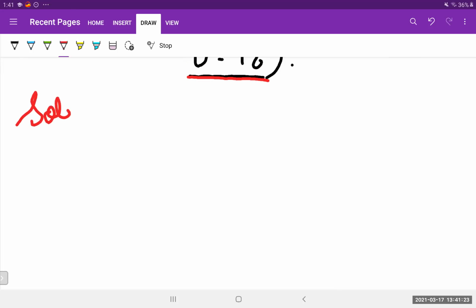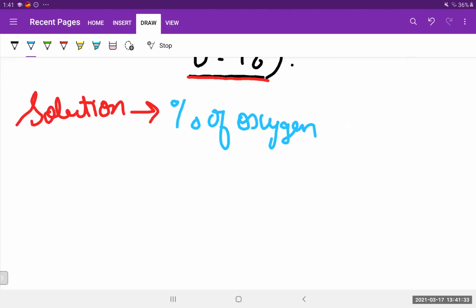So let's start the solution. First of all, we'll calculate the percentage of oxygen. Without it, we will not be able to do anything. Percentage of oxygen will be what? See, what is the meaning of percent? Cent means 100, isn't it? So we always calculate percent per 100 only.